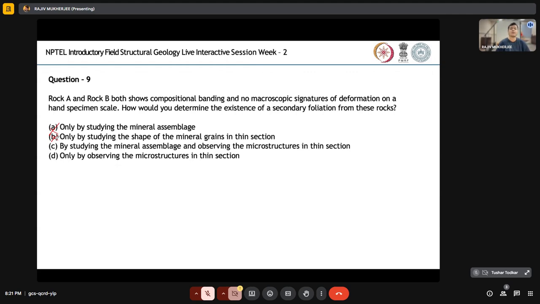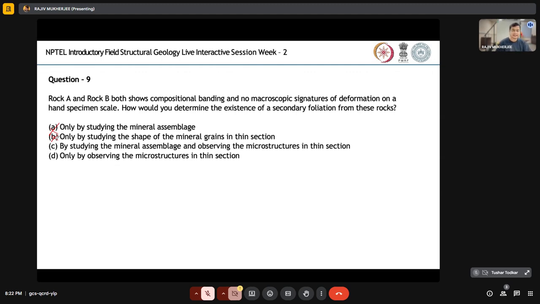So the most common signature of deformation is captured through undulose extinction in quartz. If you observe a quartz grain in thin section through the polarizing microscope, and you see that the extinction angle is varying within the single quartz grain, that means there is an undulation in the extinction angle, and then you can see different shades of gray passing by the quartz grain as you are rotating the stage. That means the extinction angle is changing systematically within the grain itself.